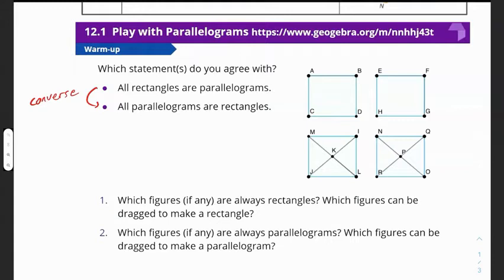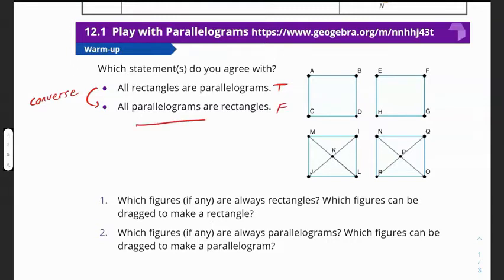What about all parallelograms are rectangles? So go ahead and pause this and think about which ones you agree with and not. Hopefully you paused it and gave yourself some time, and you realize that the first statement is definitely true, and the second statement, the converse of it, is false.